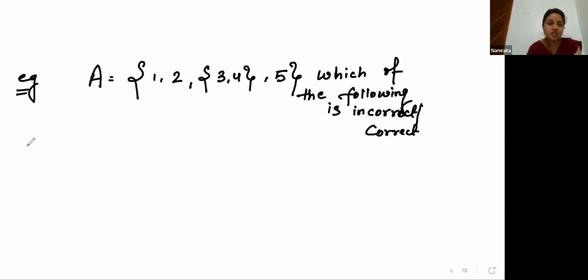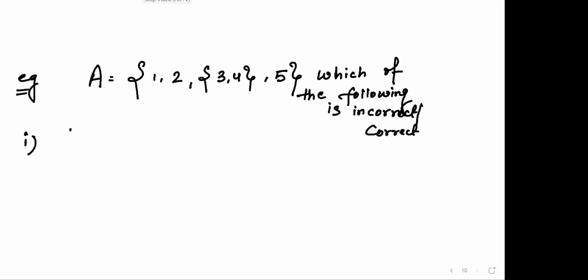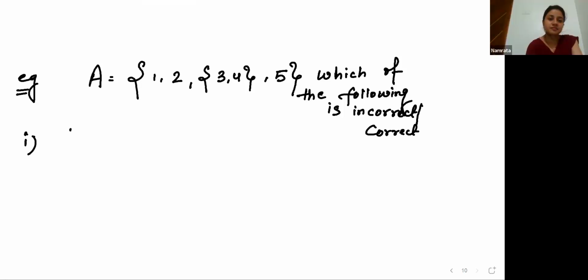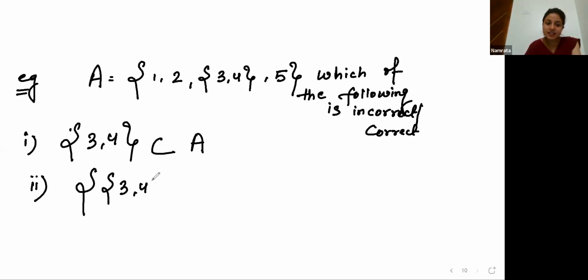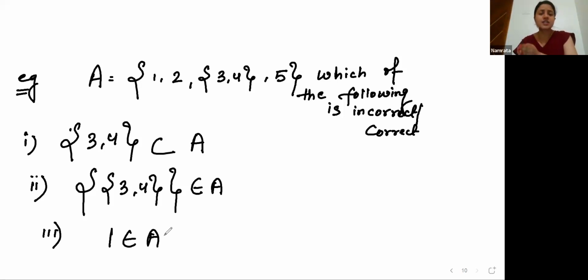So here, the first one is {3, 4} is a subset of, or contained in, A. The second one is {3, 4} like this belongs to A. The third one is 1 belongs to A. Let's say which one is correct or which one is not correct.